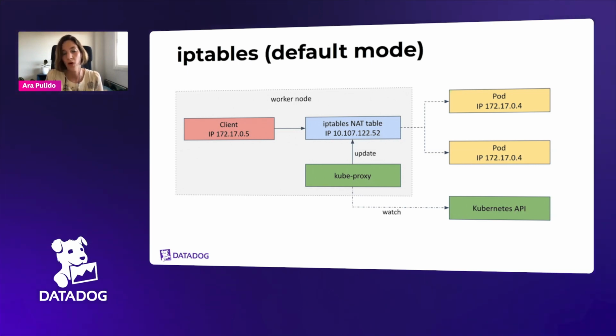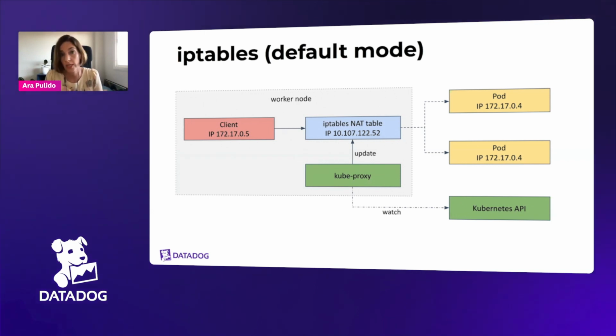It's going to be on every single one of these worker nodes. And it's going to be watching all the time the Kubernetes API for pods that get created, pods that get destroyed, services that get created or destroyed, pods that are failing the readiness probe, and therefore they cannot get traffic, etc.